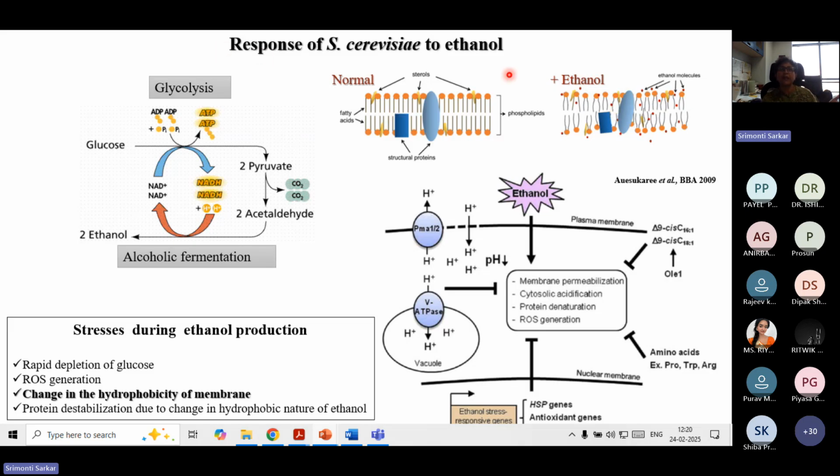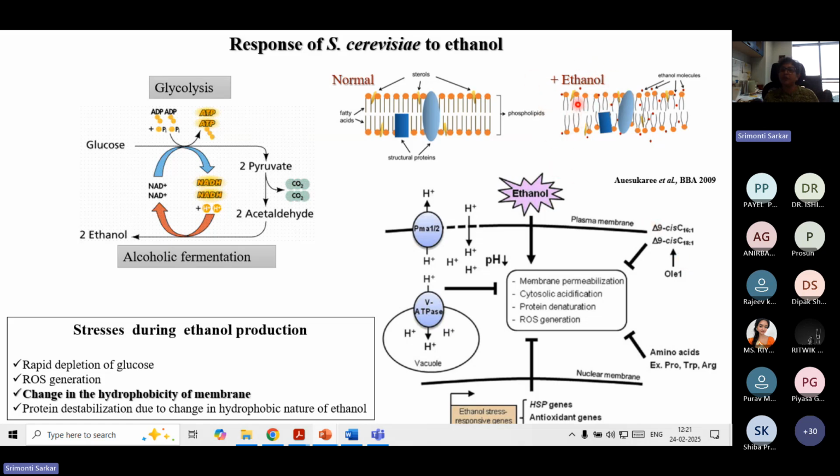If, with ethanol production, the hydrophilicity of the surrounding environment decreases, consequently the lipids do not interact with each other as strongly. So the hydrophobic force holding two adjacent lipid molecules weakens, and as a result there is a leakage.